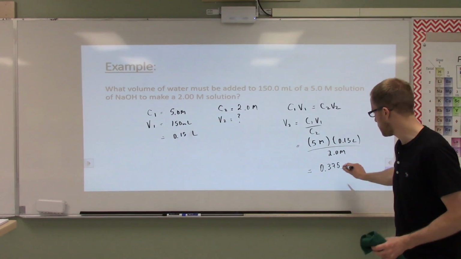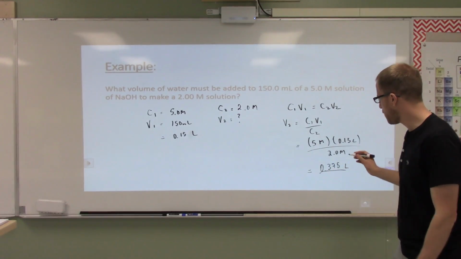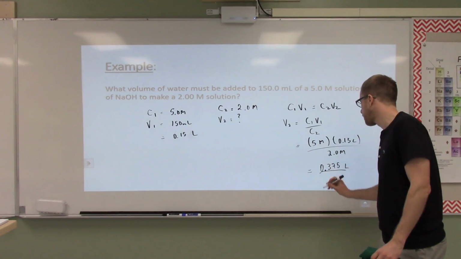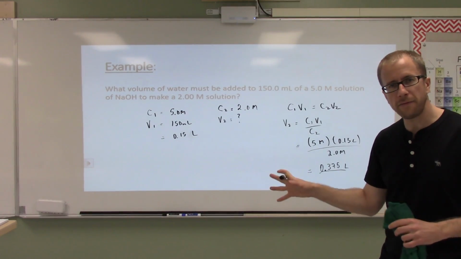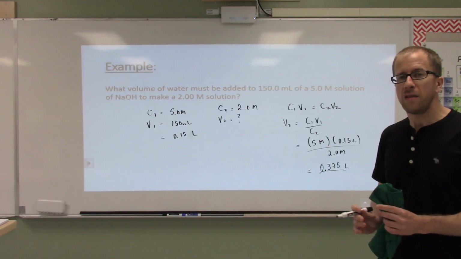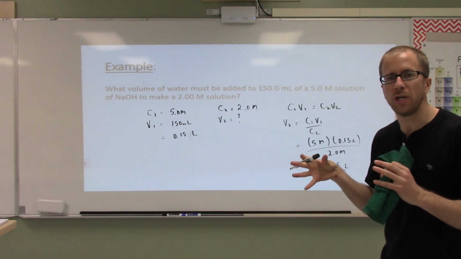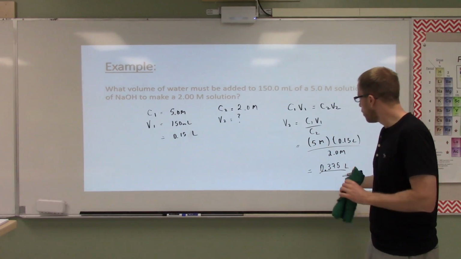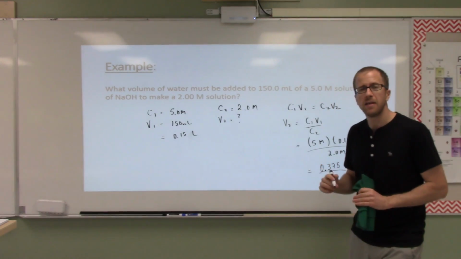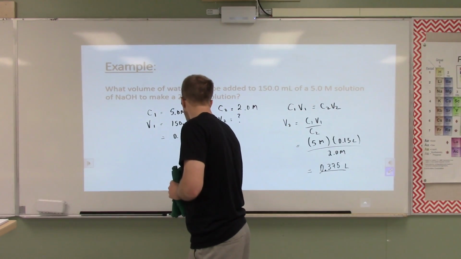Now, are we done with this example? Is that our final answer? Is it 0.375 liters? What do you think? The answer is no. What does that number represent? 0.375 represents the entire volume of your final solution. How do we figure out the amount of water we added? Well, we have to subtract our initial volume. So how much water did we add?